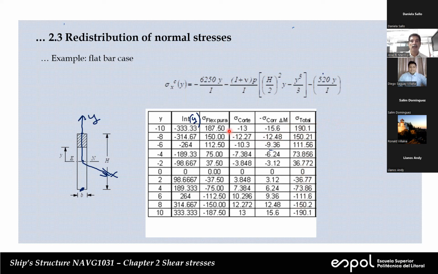Okay, so originally this is what we had. Now this is what we have for the normal stress, including the influence of the shear distortion.